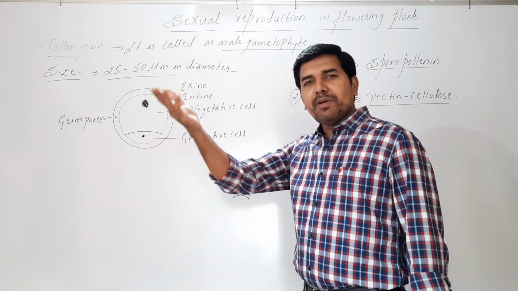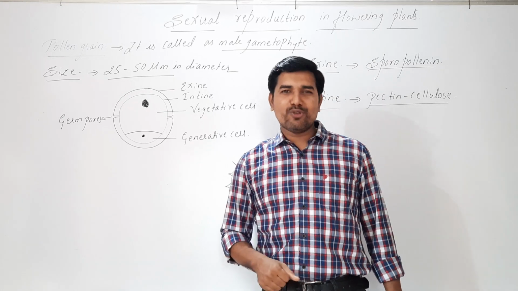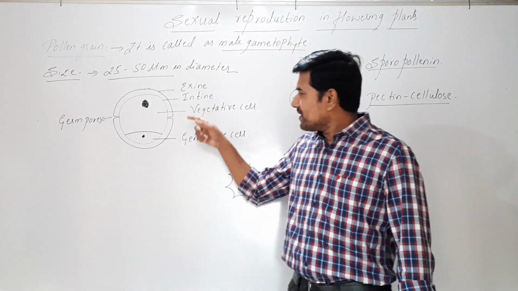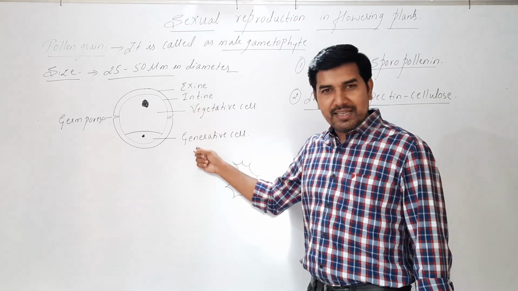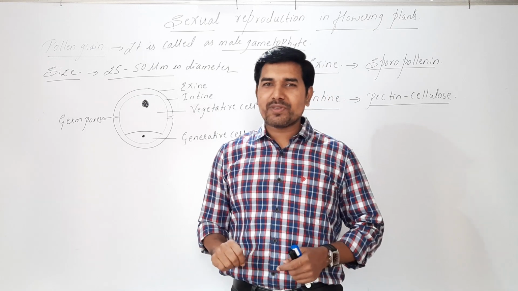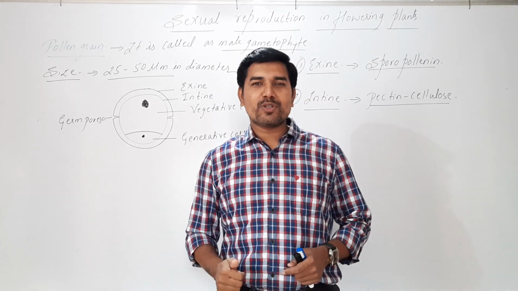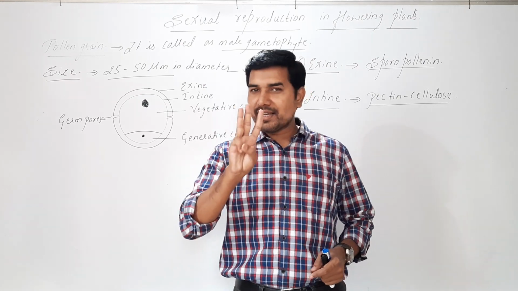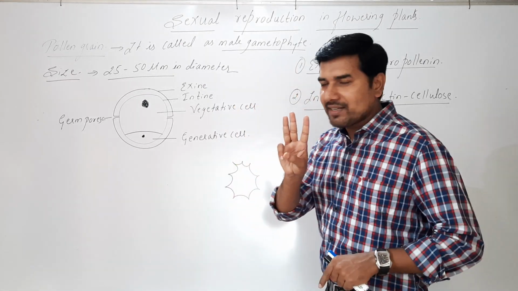Now, in the majority, 60% of angiosperms, pollen grains are shed at this two-celled stage: one vegetative cell and one generative cell. But what happens in the remaining 40% of angiosperms? In these, pollen grains are shed at the three-celled stage. And what are those three cells?